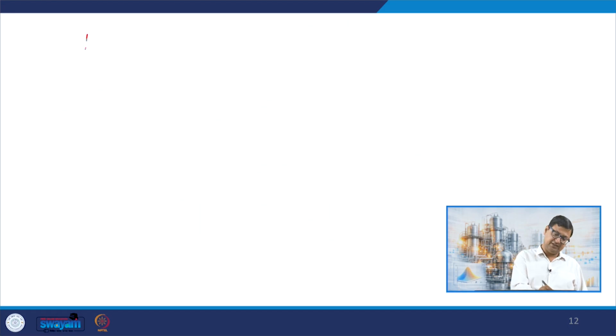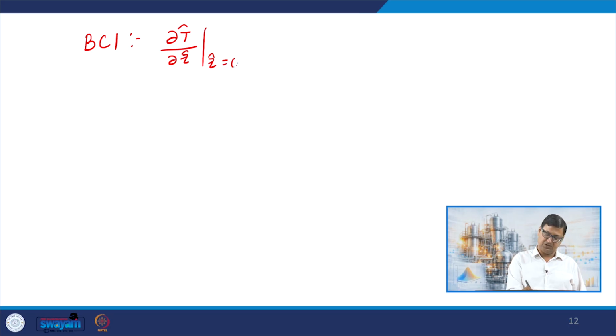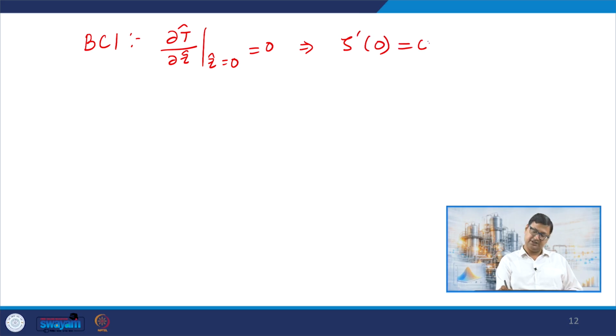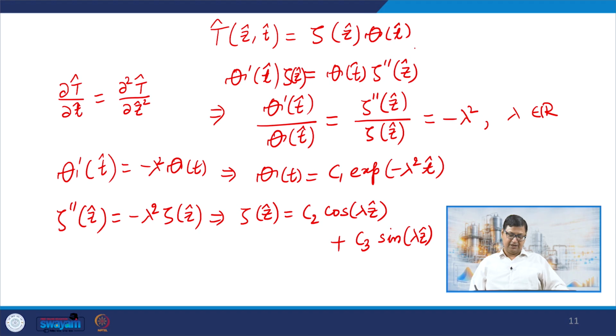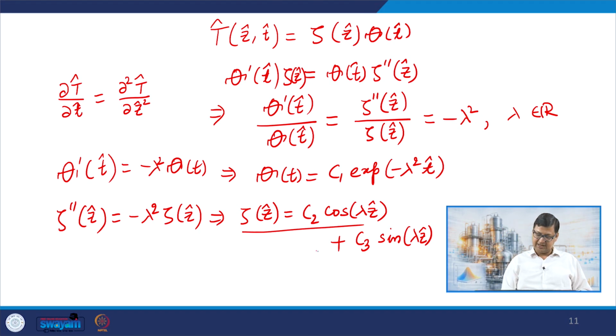Now let me plug in the boundary conditions that we have got, the first and second boundary condition. So if I plug in the first boundary condition, that is dou T cap by dou z cap at z cap equal to 0 is equal to 0, that gives me zeta prime(0) is equal to 0, and zeta is given as this.